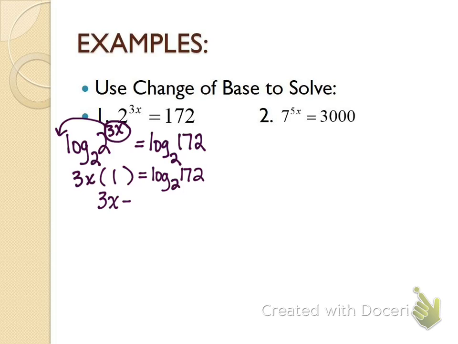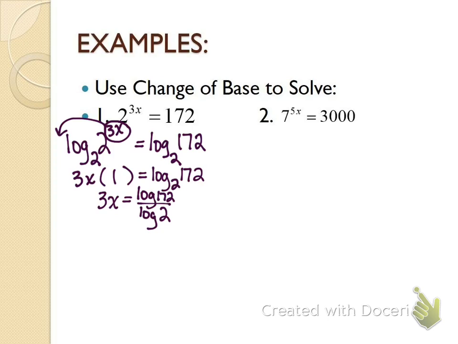3x. And then equals, this is where we use change of base. Most of us can't type log base 2 of 172 into our calculators. So instead, we would have log of what over log of what? 172 over log of 2.